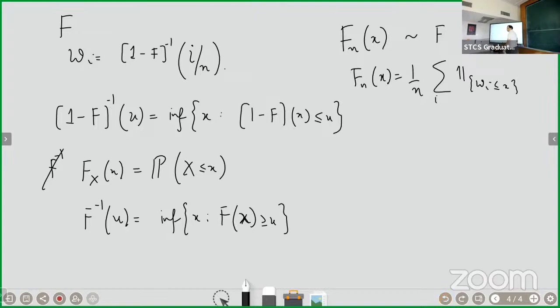Right? So when I switch or apply wi, what will happen?